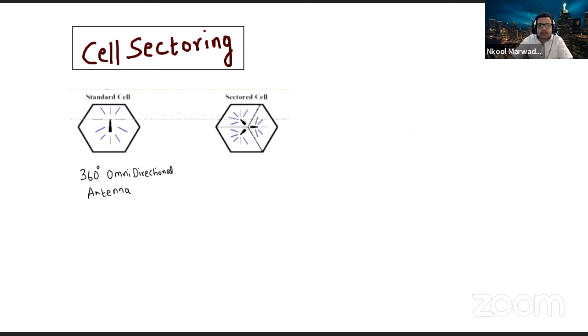So in cell sectoring, each sector is a base station, BS.